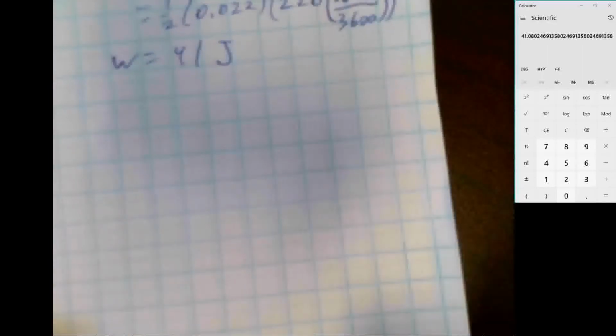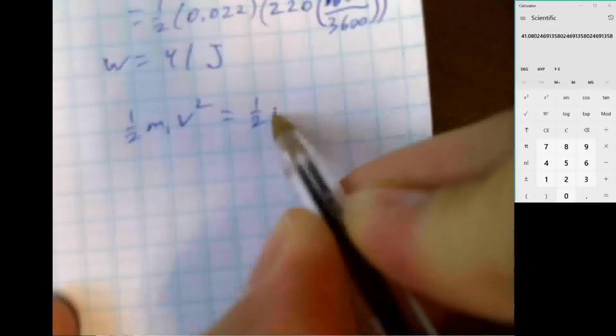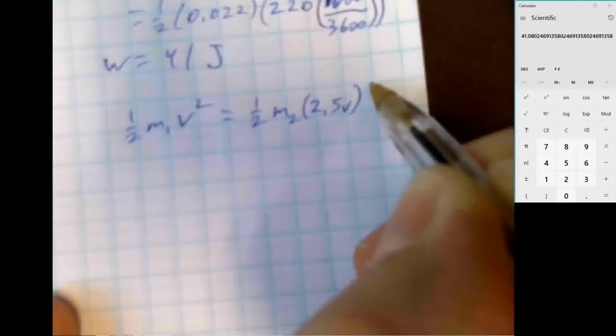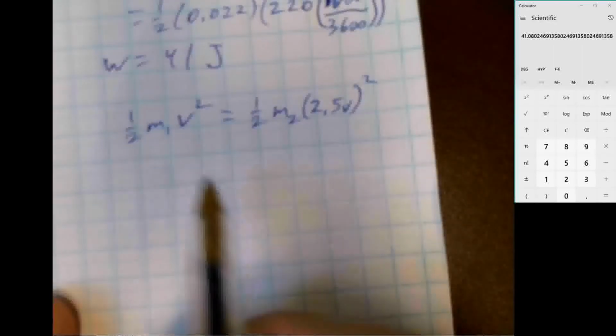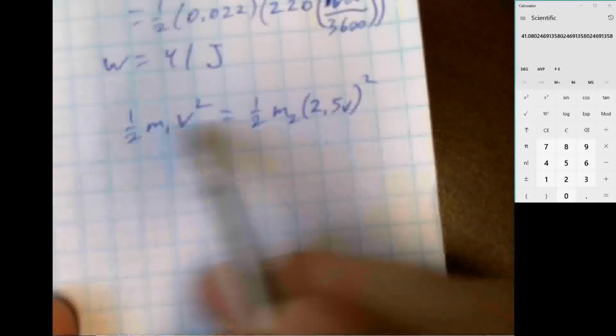If they have the same kinetic energy, then that means that their 1/2 m1 v squared has to equal 1/2 m2 2.5 v squared. The 1/2 here and the 1/2 here would divide out.